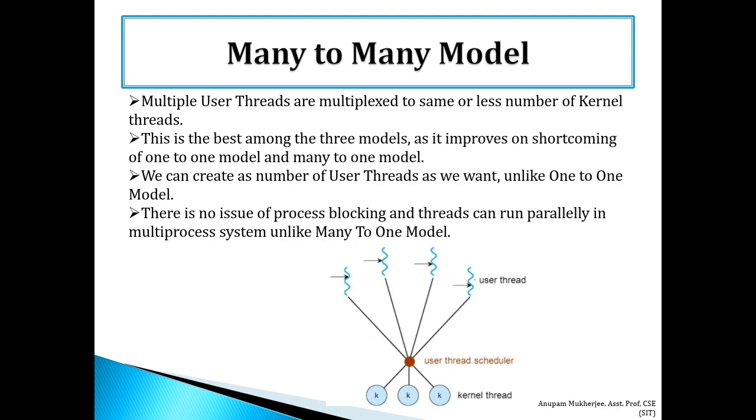We can create as many user threads as we want, unlike the one to one model, there is no issue of process blocking, and threads can run in parallel on multi processors. Almost every modern operating system presently supports this many to many model.